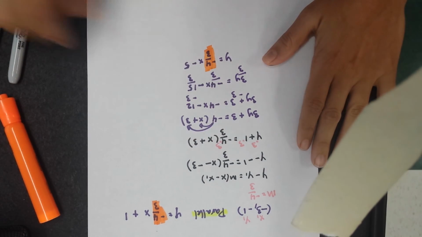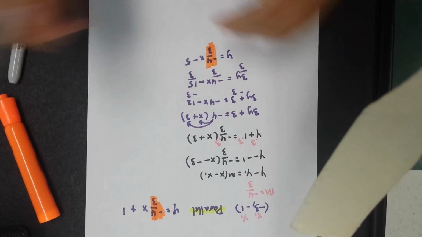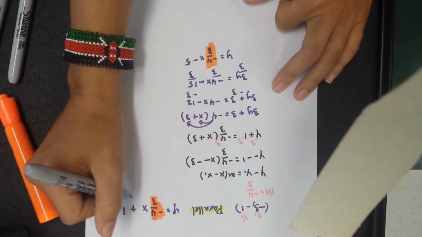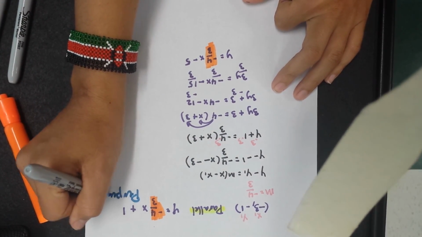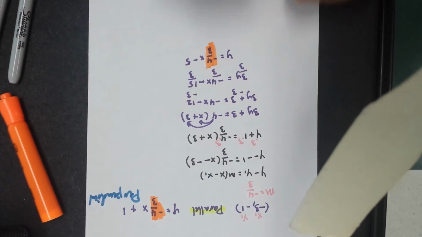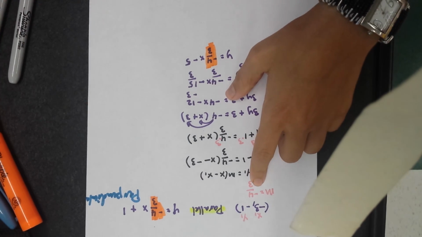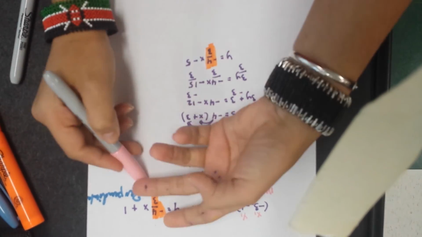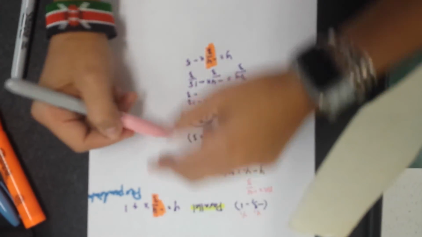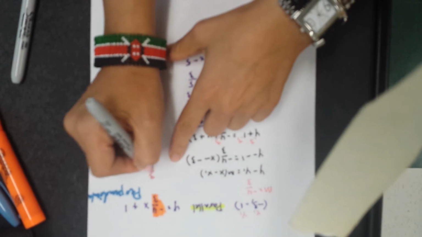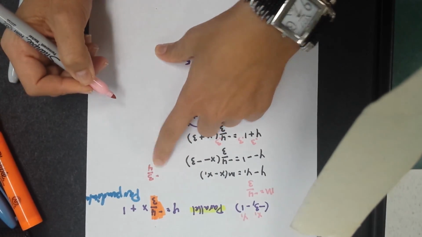Now, if you were doing perpendicular, all right, it would be the same thing, only before you take the slope, you'd have to flip it and add a negative. So flip it, which would be 3 over 4, and it was already negative, then add a negative.